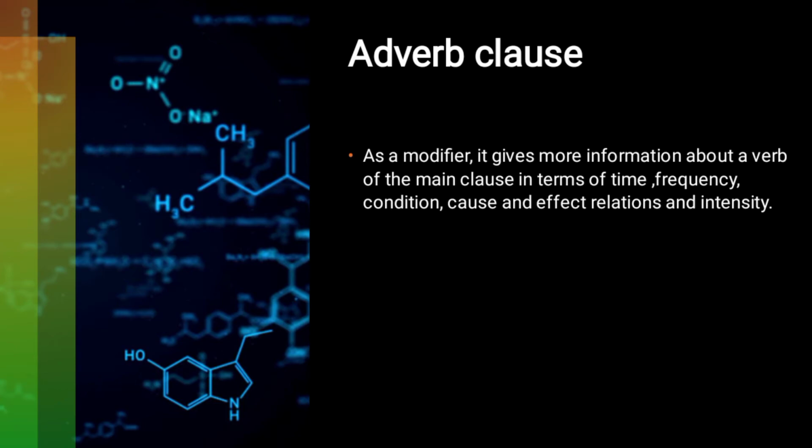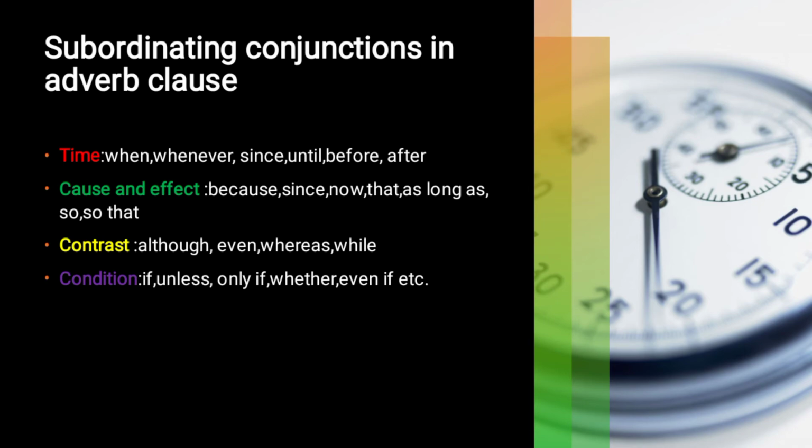Next we have the adverb clause. What is an adverb clause? An adverb clause gives more information about the verb of the main clause in terms of time, frequency, condition, cause and effect, and intensity as well. Now you can see here some subordinating conjunctions in adverb clauses: time, cause and effect, contrast, and condition.